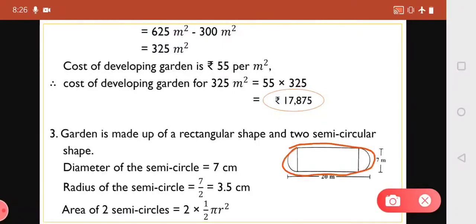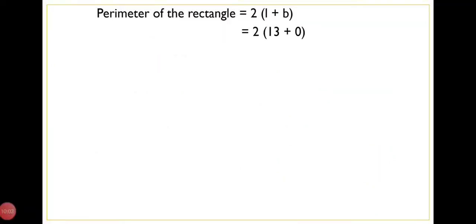So this part is not included, that is the breadth of the rectangle is not included in the perimeter. So we count the breadth as 0 while finding out the perimeter of the rectangle. That is equal to 2 into 13 meter, that is equal to 26 meter. So the perimeter of the rectangle is 26 meter.